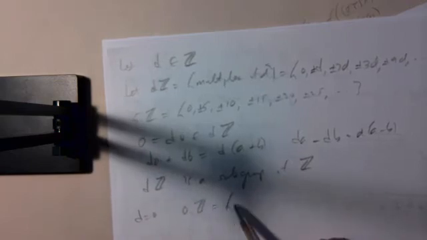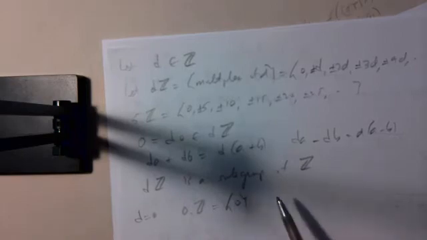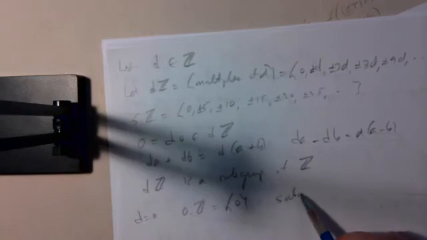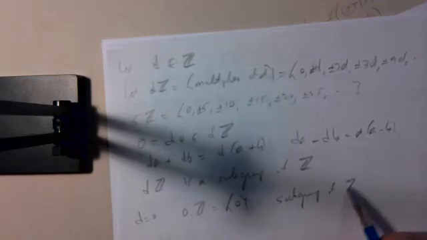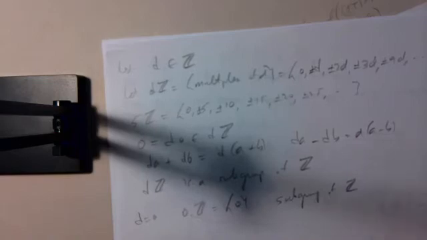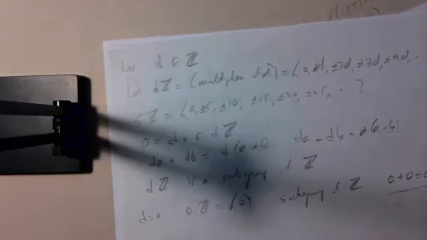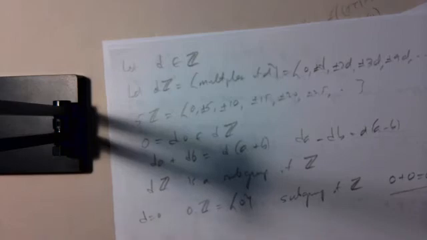This is the set of all multiples of 0. That's just the number 0. So 0 all by itself is a subgroup of Z. I mean, it's closed under addition: 0 plus 0, 0 minus 0, there's 0. So this is a very simple subgroup.